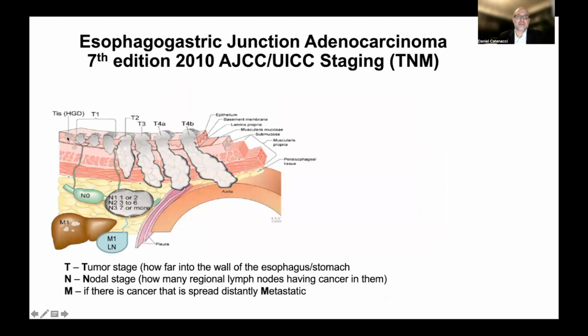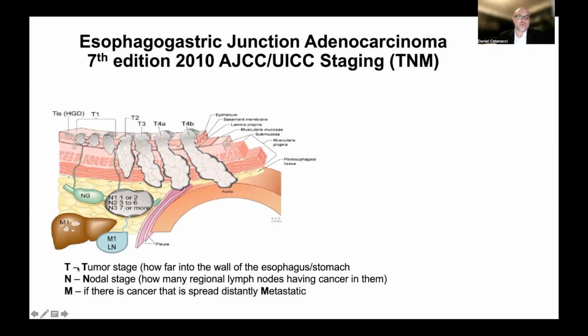That's not invasive. But over time, the cancer cells will start to invade downwards or outwards from the inner layer into the deeper layers. So first, you'll have a T1 lesion, then T2, T3, T4A, T4B, through the different layers of the wall of the esophagus and stomach.